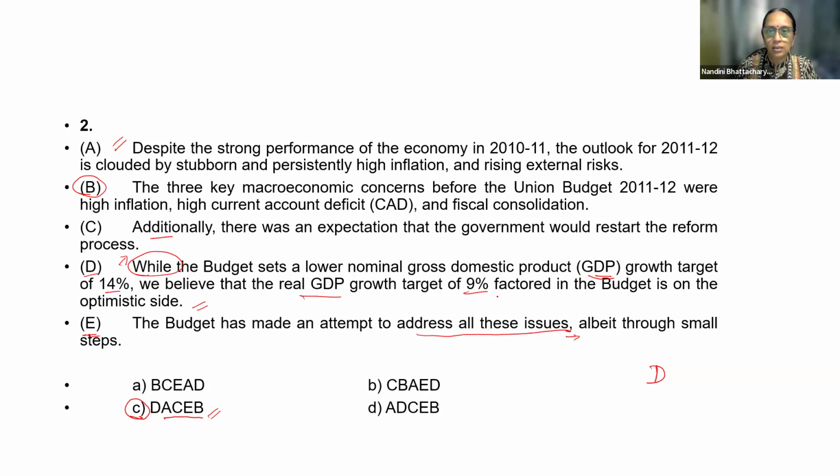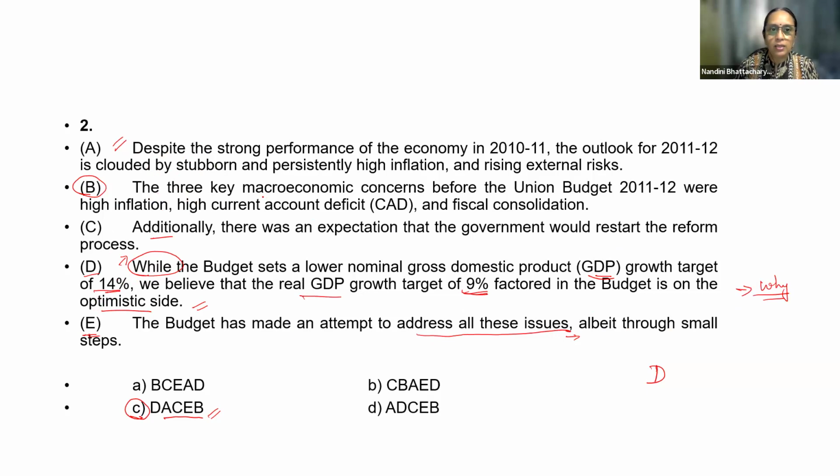Now it is saying that a growth of 9% on GDP is optimistic, while growth of 14% is not optimistic. So after this should come something like, why is this statement given? Right? So which of these may be answering this why?